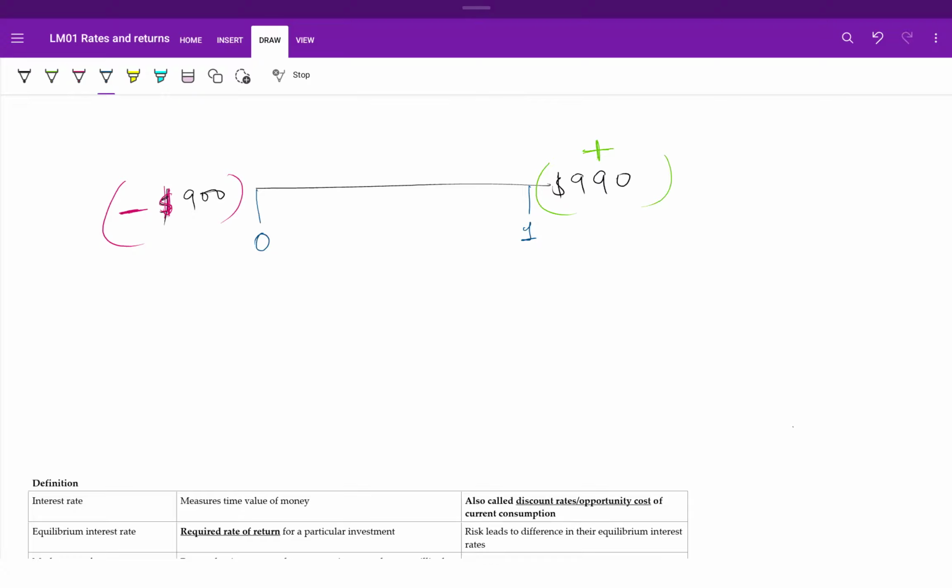Just pay attention, this is important. If you don't use the negative and positive signs, the calculator is going to assume that everything is a cash inflow, or if you put negative signs across, the calculator will assume these are all cash outflows, and the calculations will not give you the right picture or the right answer.